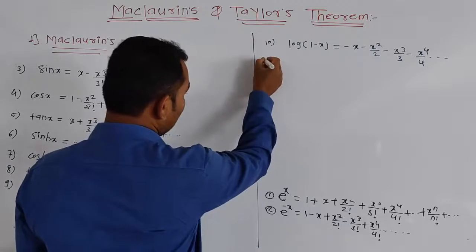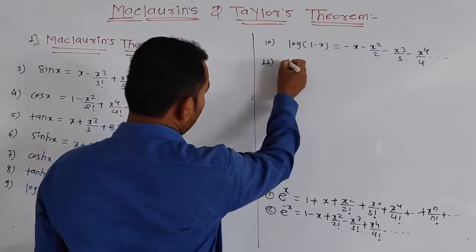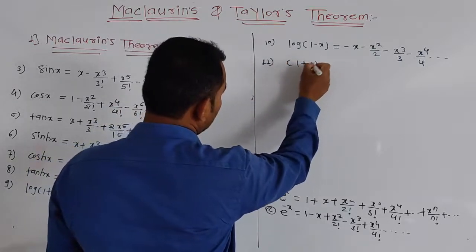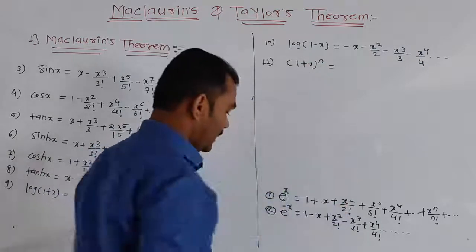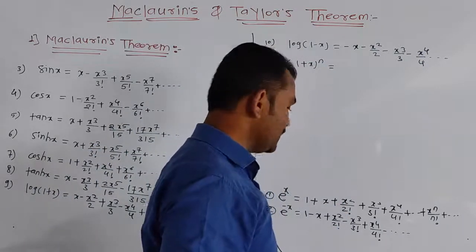Okay, the next, the binomial theorem. We know the binomial theorem very well. 1 plus x bracket raised to n. Now tell me the expansion of this binomial theorem.